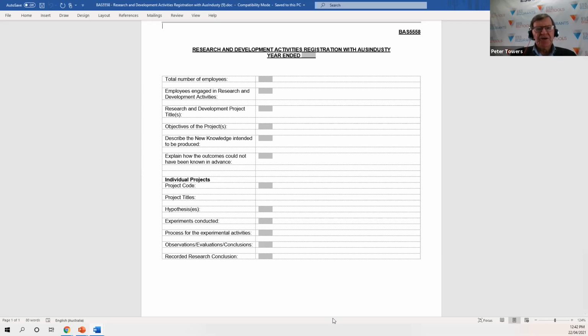So that's the overview of the research and development system that we have prepared to assist accountants at all levels.